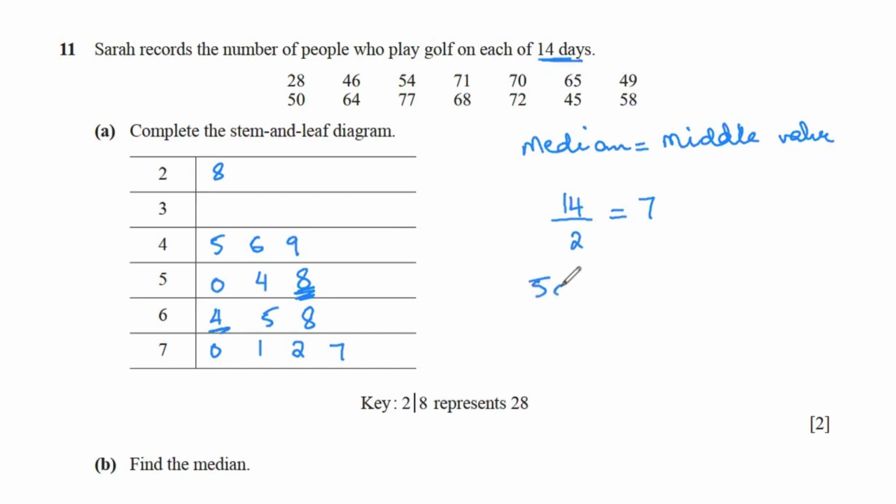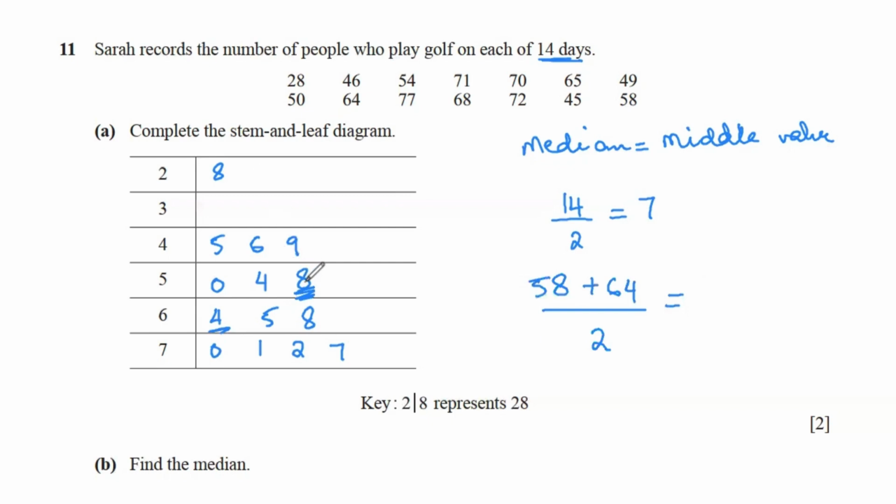So we do 58 plus 64 divided by 2. The reason we're doing this is because it's an even number of data set. For an even number of data set, the middle value is not one specific number in the data set. It has to be between the two values right in the middle, the 7th value and the 8th value.